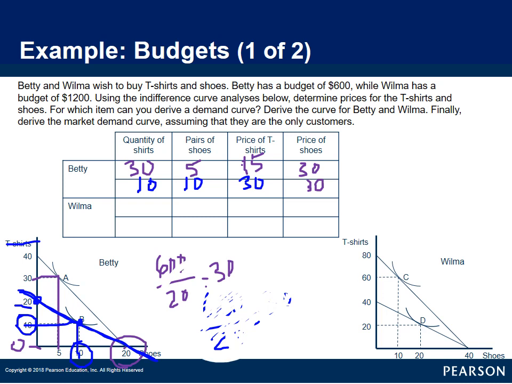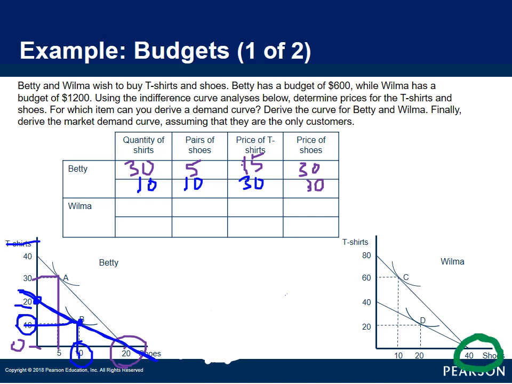That's a little bit better. Okay, so this next one is Wilma's to take a look at. We can see that Wilma would be purchasing 40 pairs of shoes if she only purchased shoes and 0 t-shirts.